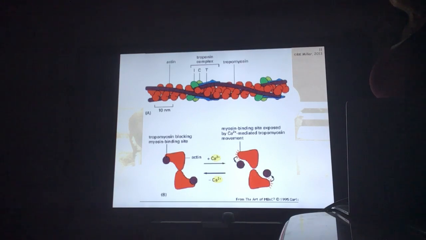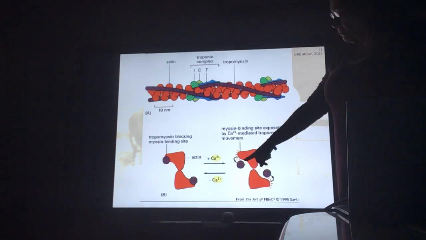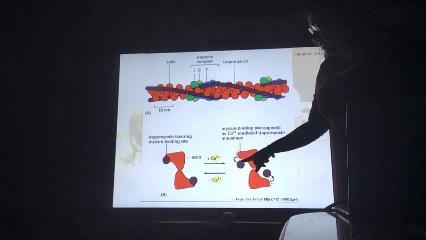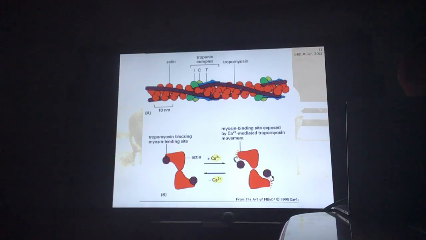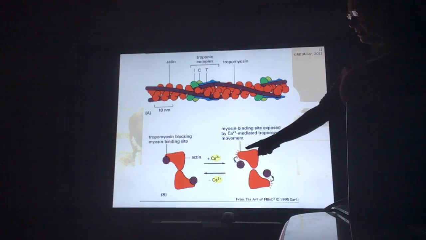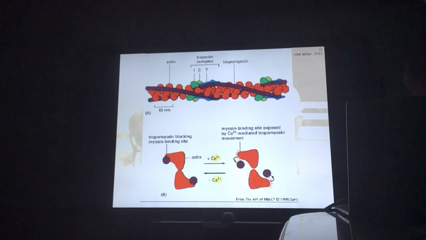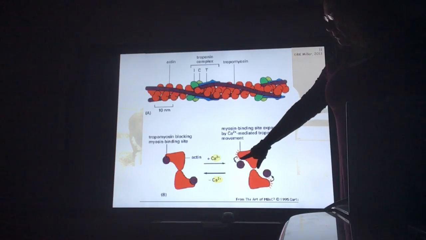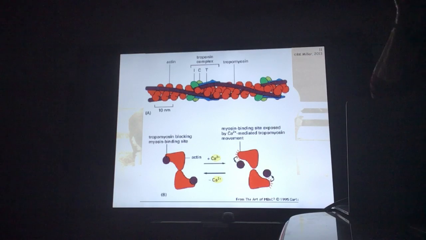Well, when troponin makes the conformational change, it takes up more space, and with calcium, it pushes tropomyosin from the actin-myosin binding site. And in this slide, it has the little starburst there. That's to indicate that, oh wow, it opens that up and it wants to bind the myosin heads.